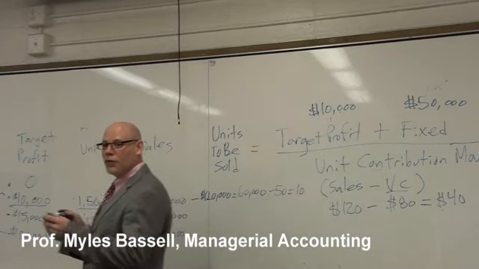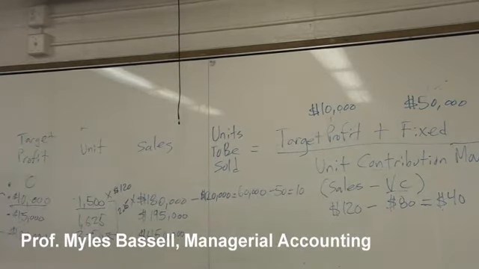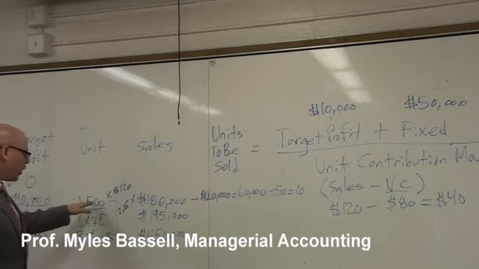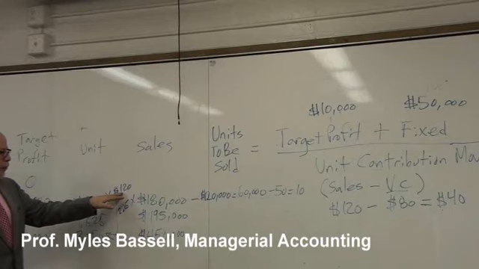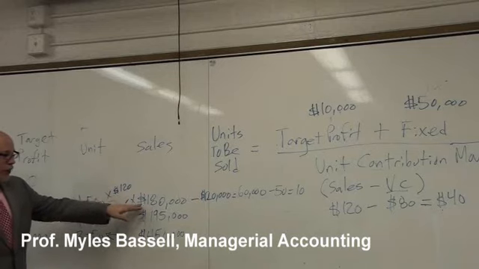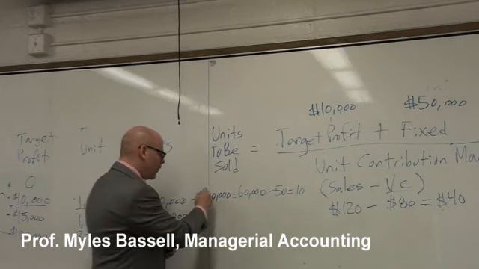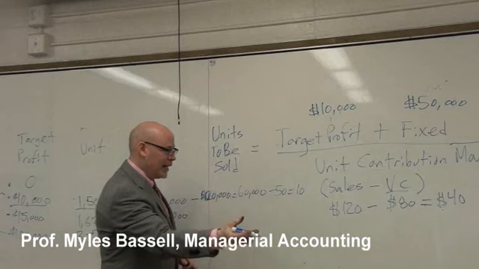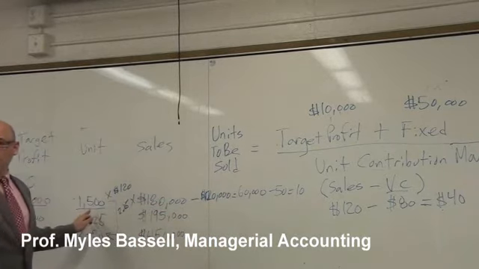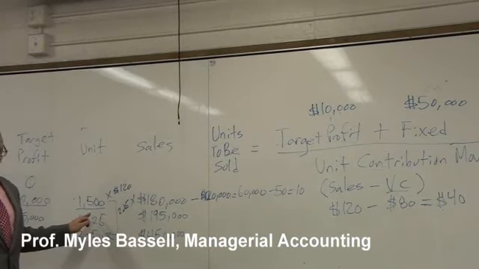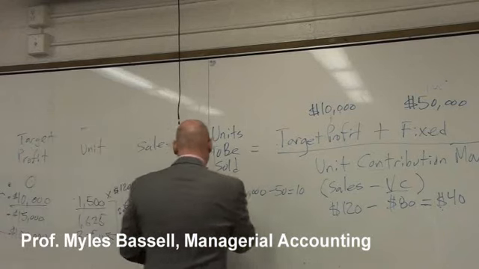My math is wrong. No, but that's good. I'm glad that you brought that up. Everybody see what Greg is talking about? 1,500 times $120 per unit. That's the price. Gives us 180,000. Then we have to subtract the variable cost, which is $80 times 1,500, is 120,000.